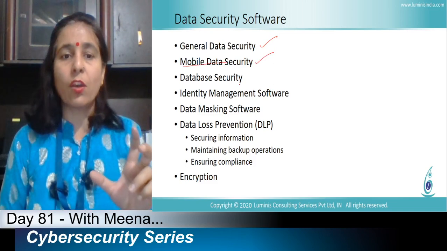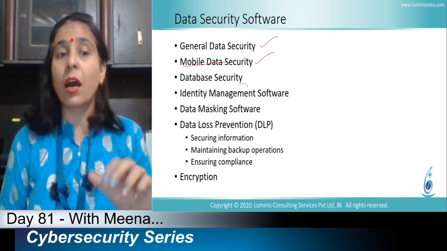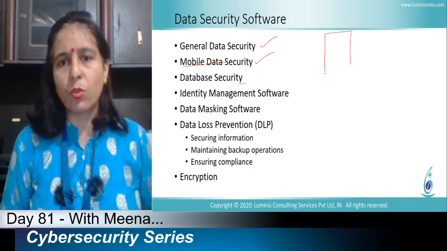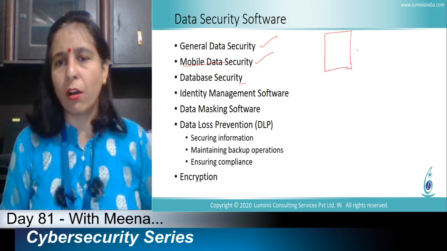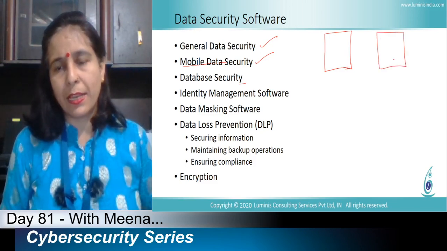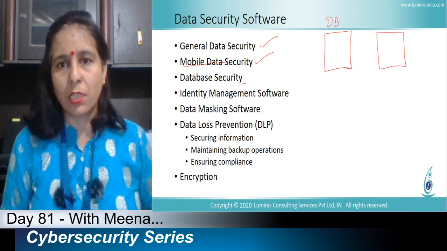And we have data on our database server. For example, there is a company that is maintaining the records of its customers and employees. Here is database server 1 and this is database server 2.